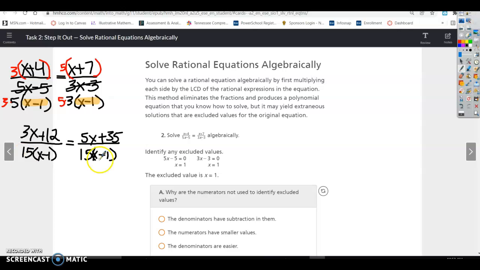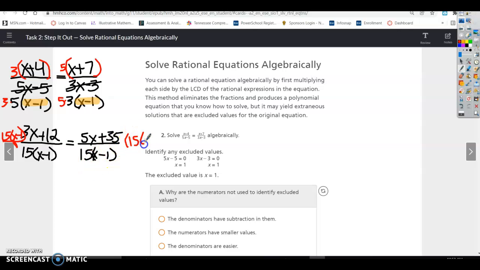Alright, now that I have a common denominator, when I have an equation, if I do the same thing to both sides of my equation, then they are still equal. So because this is on the bottom, it's like 1 over this, I can multiply both sides by my denominator, 15 times x minus 1, which is like this over 1, and it will cancel with my denominator.